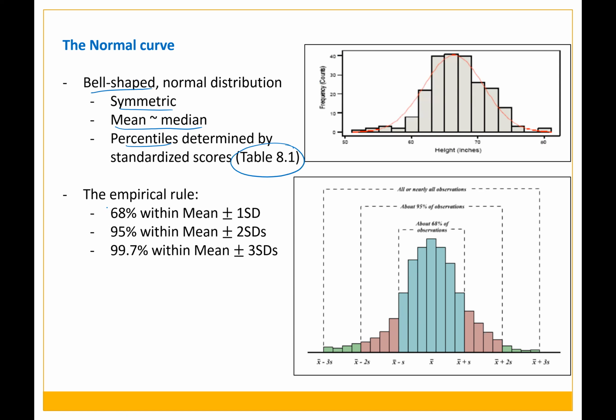This is the most important one: between mean minus 1 standard deviation and mean plus 1 standard deviation, you're going to have 68% of the population. Between mean minus 2 standard deviations and mean plus 2 standard deviations, you have 95%, and it goes on to 99.7% for 3 standard deviations.